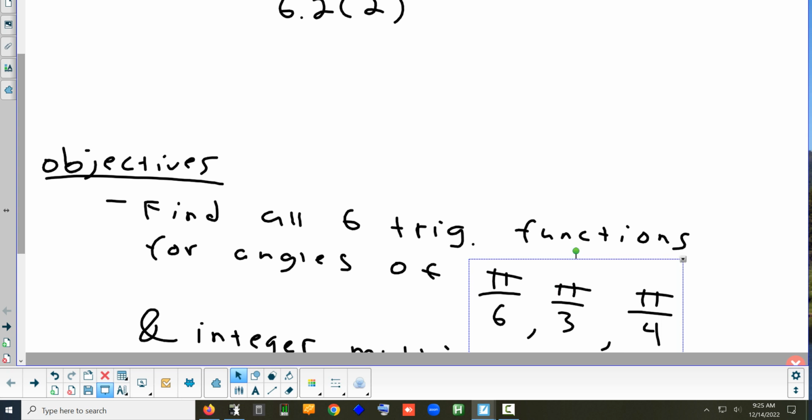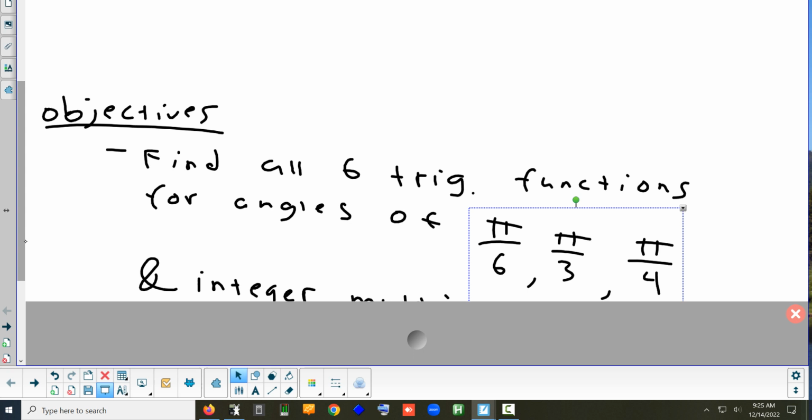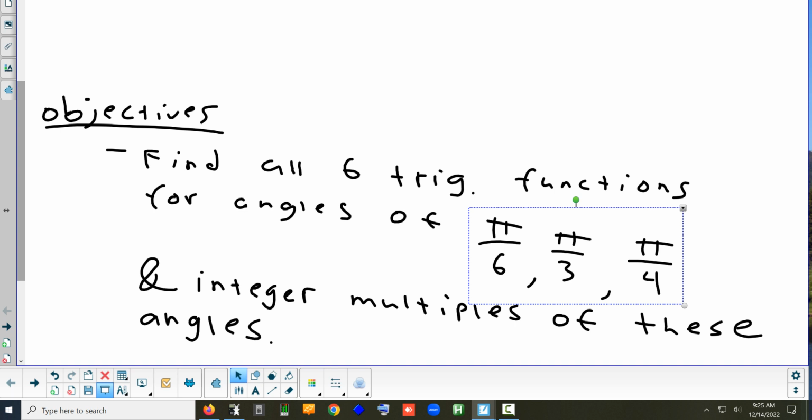These are all angles that are in the middle of a quadrant. Once we know how to work with 30s, 60s, and 45s, we can work with any multiple of 30, 60, and 45, like 120 or 150. Those are multiples of 30.